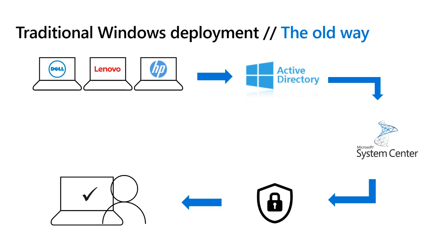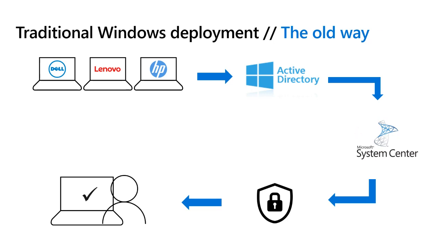You then have to get these machines joined to Azure Active Directory or to Active Directory so that you can apply your first layer of security in group policy objects, device restriction, and also, of course, to allow your end users to be able to log into these devices. Then you have to get these devices onboarded to an endpoint manager solution such as SCCM or Intune so that you can get the correct applications and security updates deployed to these devices.